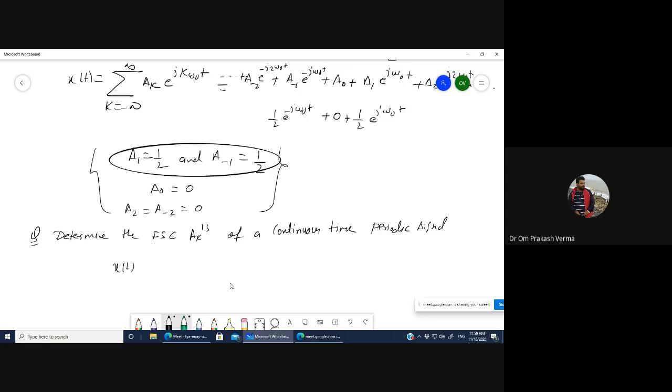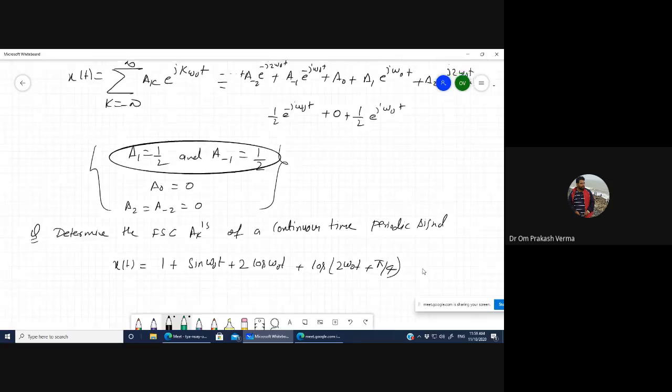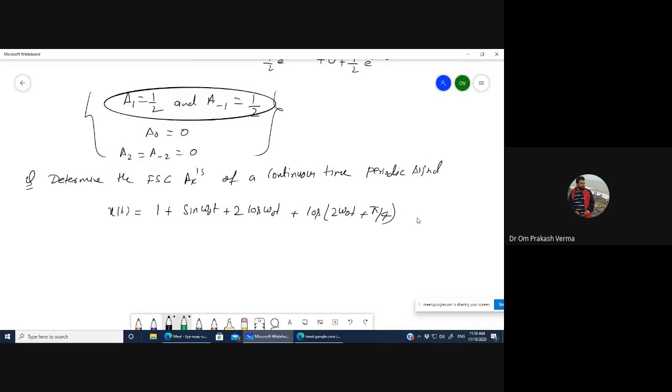Let's say x(t) equals 1 plus sine omega naught t plus 2 cos omega naught t plus cos of 2 omega naught t plus pi by 4. Can anybody solve and find a_k, where omega naught is the fundamental frequency? Anyone who wants to give the answer?